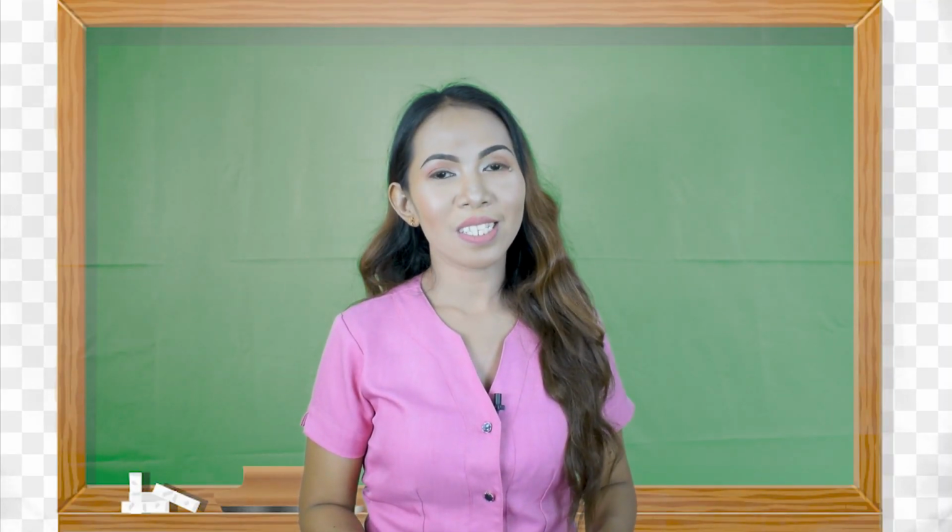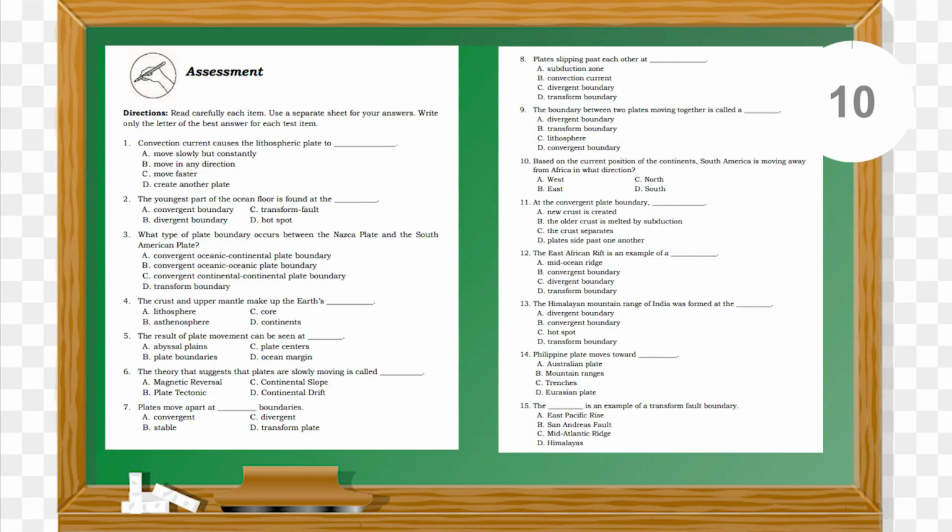Now, to test whether or not you understood our lesson, answer the assessment on pages 16 to 17 for your written output. Write your answers in a one-whole sheet of paper.